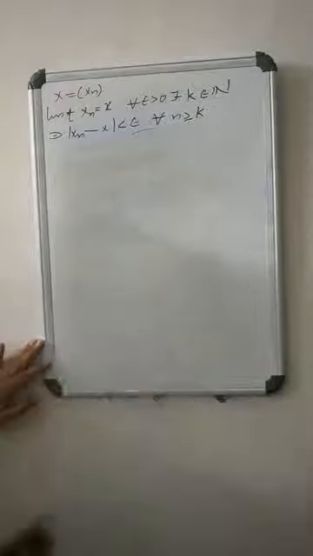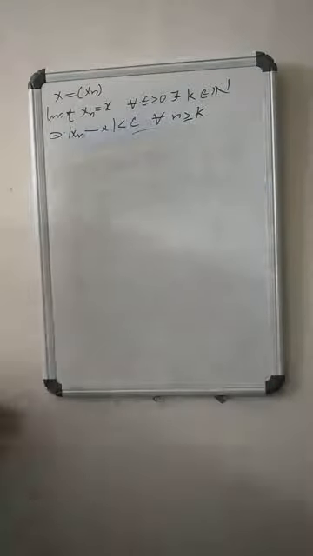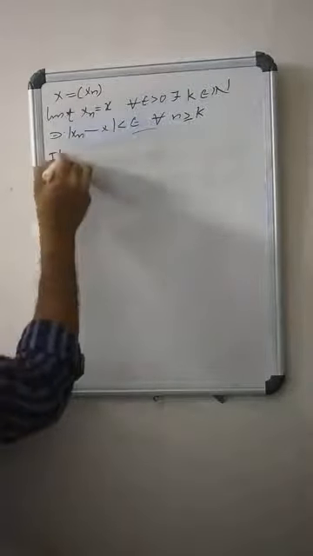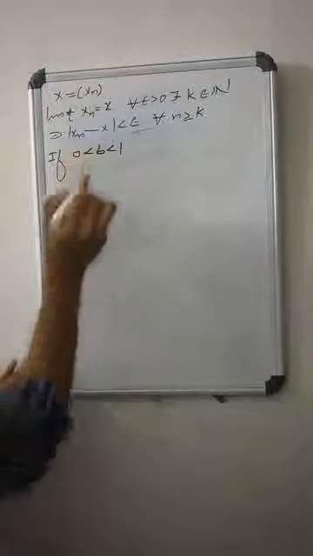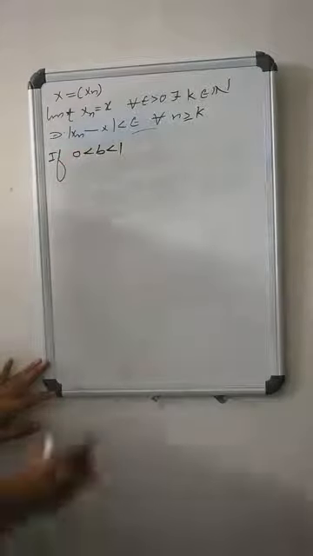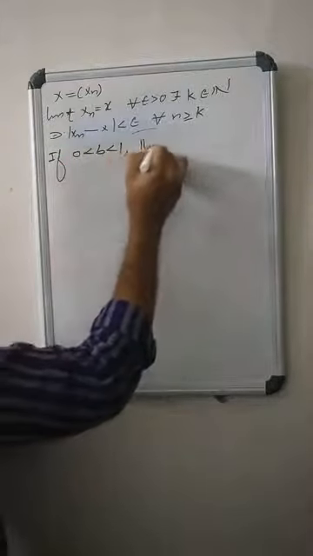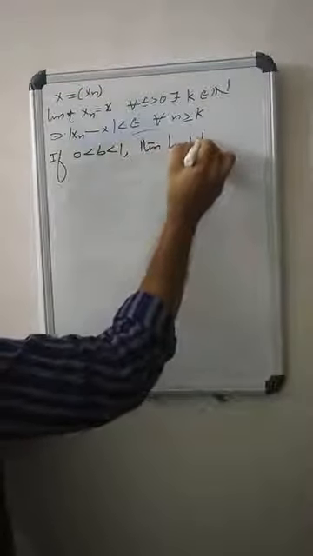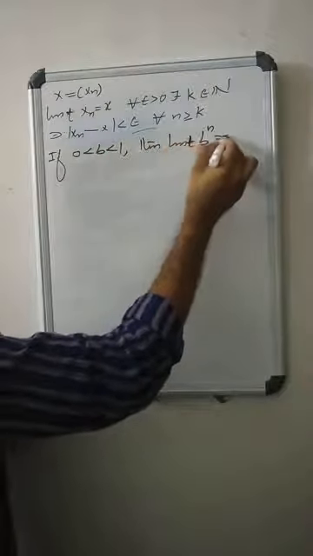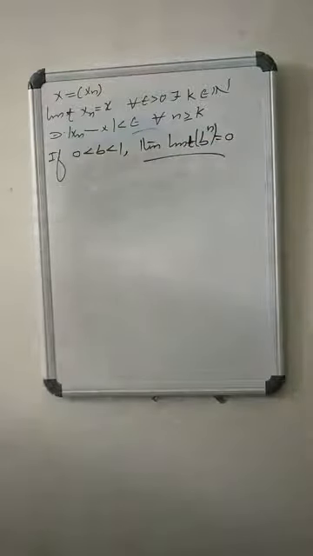Again, if 0 is less than b less than 1, then limit b power n equals 0. If b lies in between 0 and 1, then limit b power n equals 0.